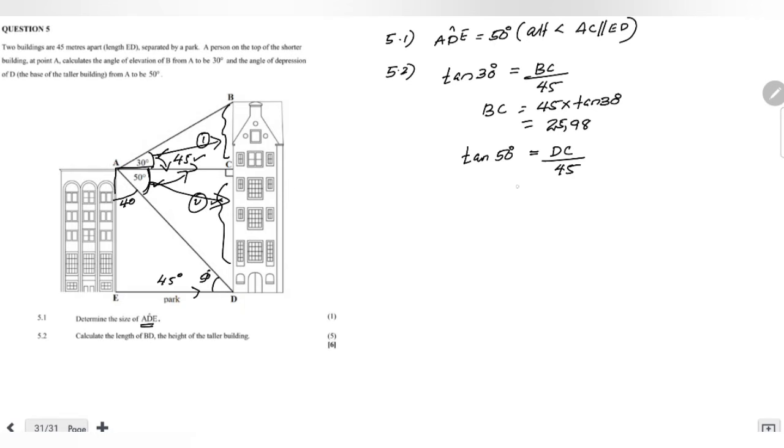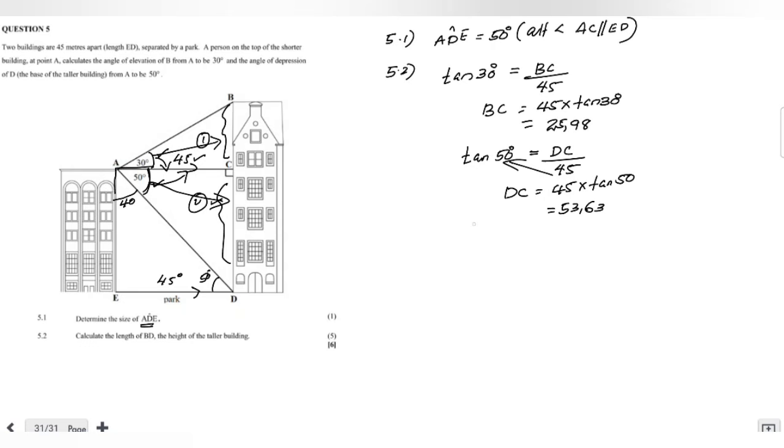Then cross multiply, DC is equal to 45 times tan 50, which is going to be 53.63. Is it clear? We got 53.63.